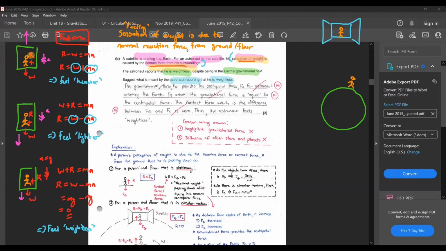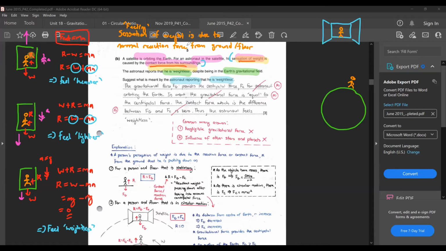Now, if I consider the two different persons, standing on the surface of the Earth and standing on the satellite, they both would have gravitational force, and they both would have centripetal force. Both persons are moving in a circle, so they have centripetal force. Both persons are still within the Earth's gravitational field, so they would have gravitational force also. But the relative magnitudes of their gravitational force and centripetal force would not be the same.